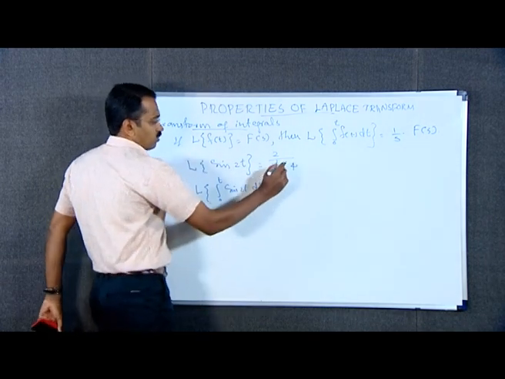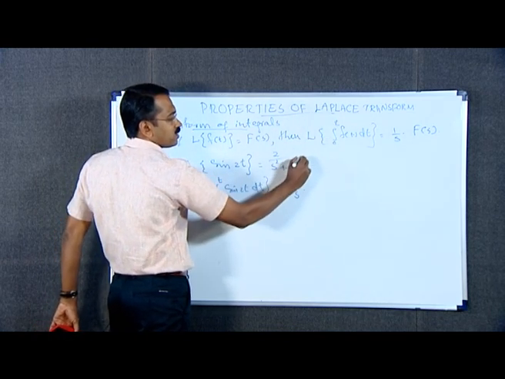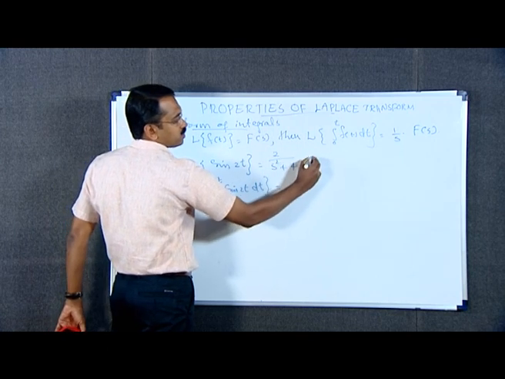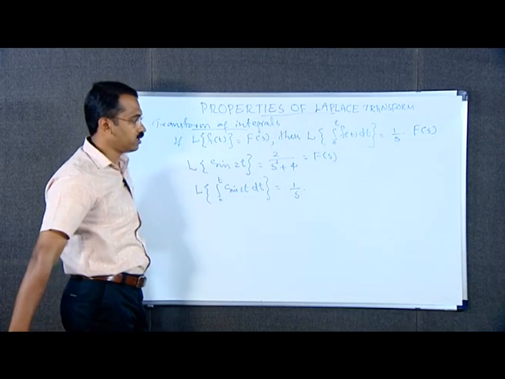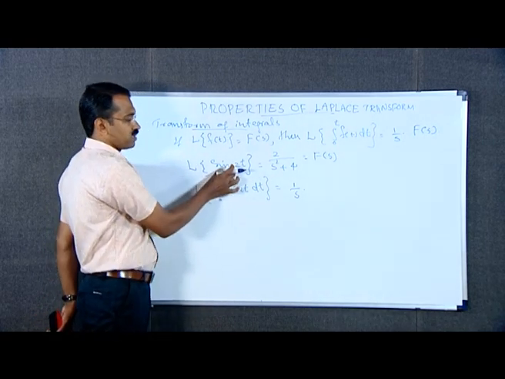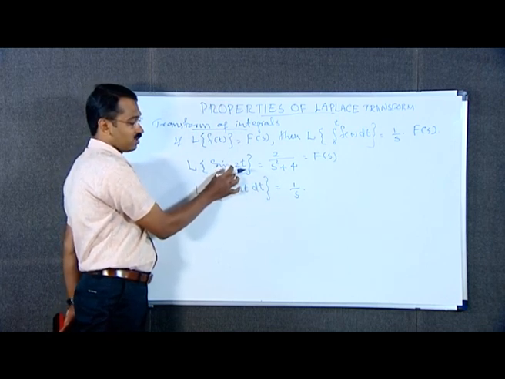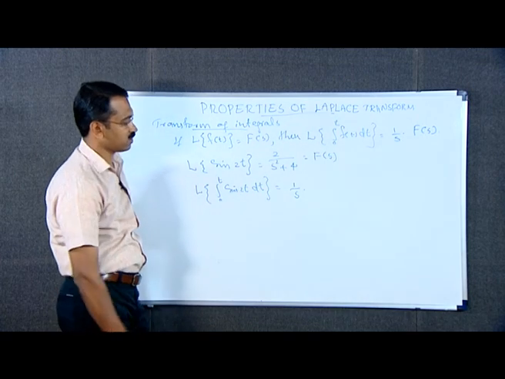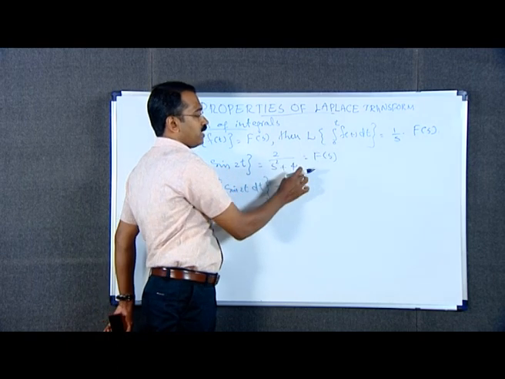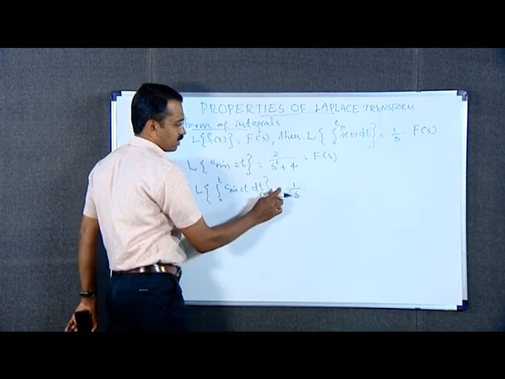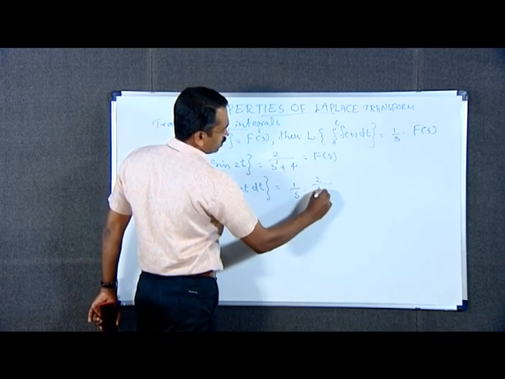This is equal to 1 by s into F(s). Here F(s) is 2 by s square plus 4, and f(t) is sine 2t. Therefore we multiply the transform 2 by s square plus 4 by 1 by s, that is equal to 1 by s into 2 divided by s square plus 4.